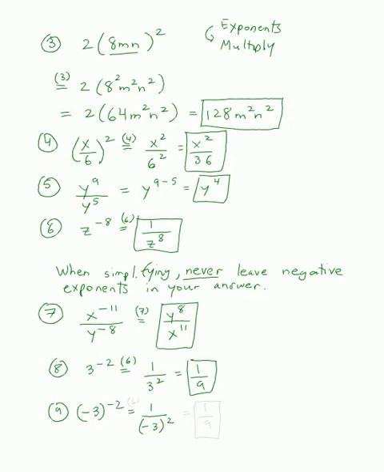The base has to stay the same. The base does not change in the rule, only the exponent does. So this becomes 1/9 again, only because negative 3 squared is actually 9. Okay.